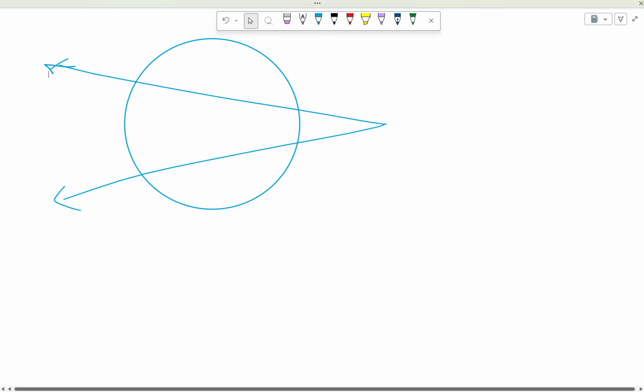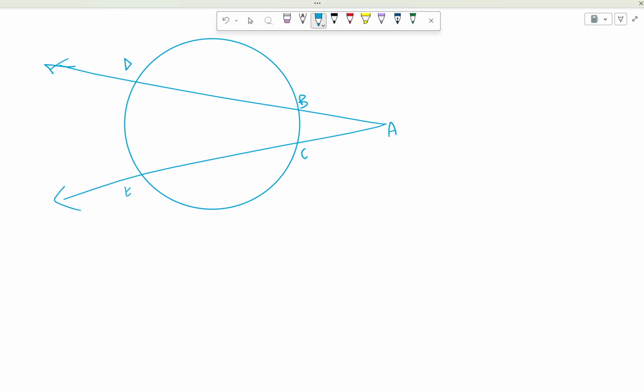Let's actually give you some letters just for fun. Okay, reorient this. A, B, C, D, and E. And the only thing given is that this arc is 100 degrees. This arc is x degrees. And this angle right here, angle A, is 35 degrees. And we are going to solve for x.